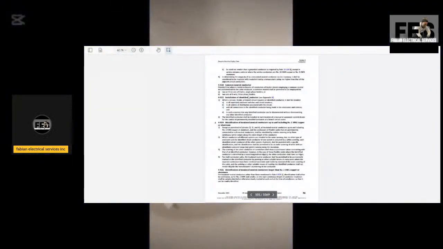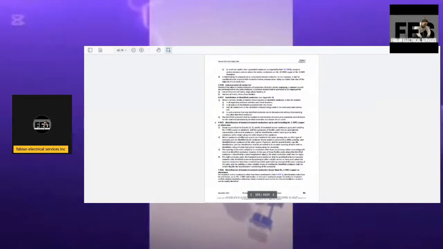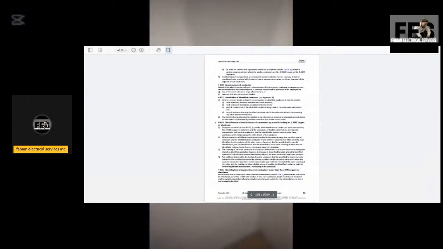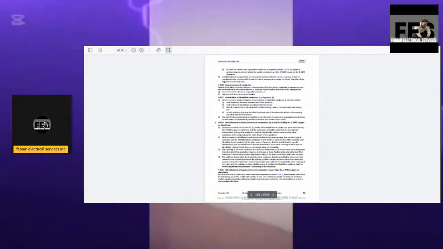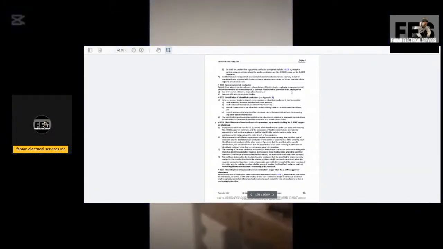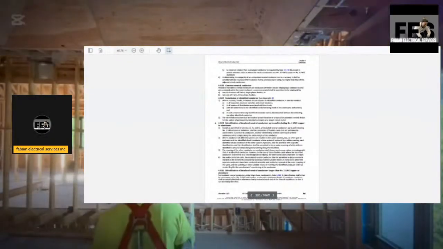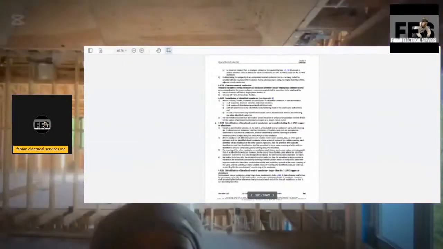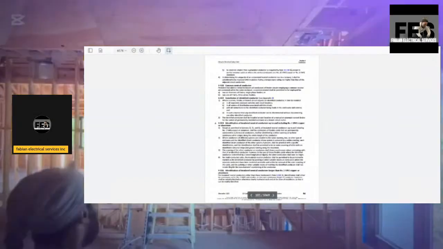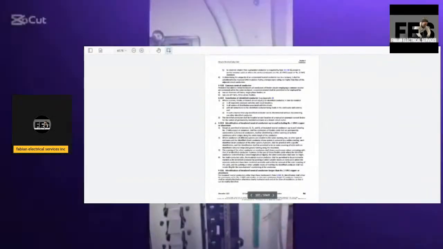Basically saying that, let's read this again. Provided that when in metal enclosure, all conductors of feeder circuits employing a common neutral are contained within the same enclosure, meaning that you simply have to run your conductors all in the same pipe.